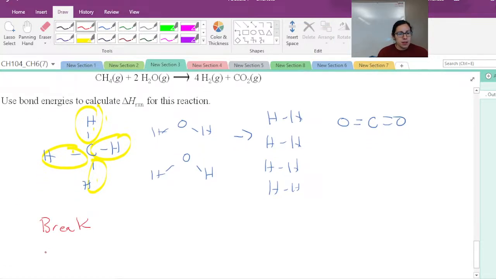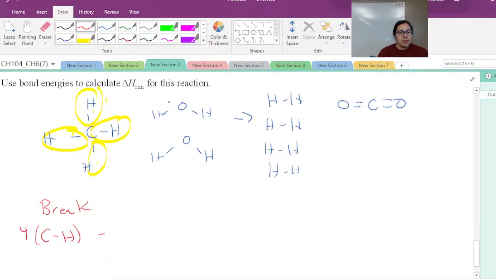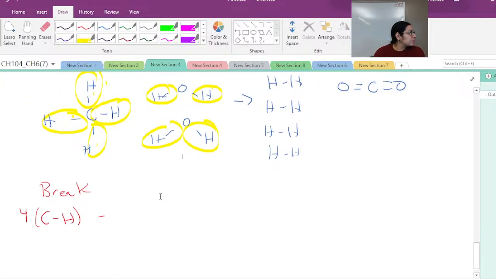So we need to break 4 CH bonds. And then we're breaking all these OH bonds, because there's no OHs connected. So 4 OH bonds. So we need to calculate that.